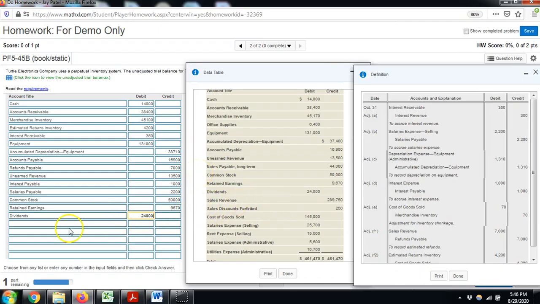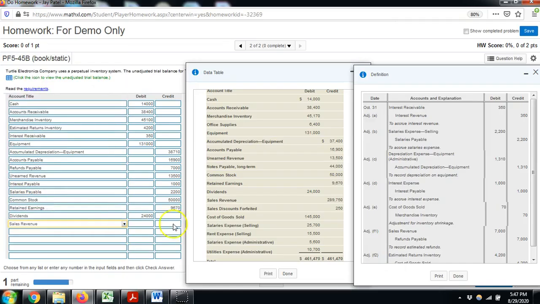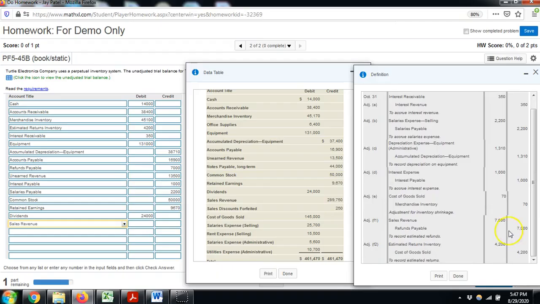So now sales revenue did have some effect from our adjustments. So let's see what they were. Our unadjusted balance was 289,750. And if we look here, we had a debit of 7,000. So we're going to have to reduce this by 7,000.